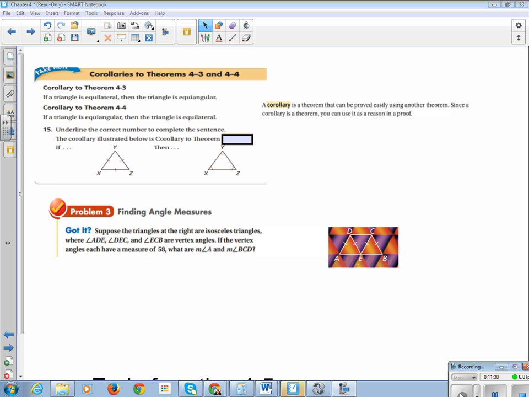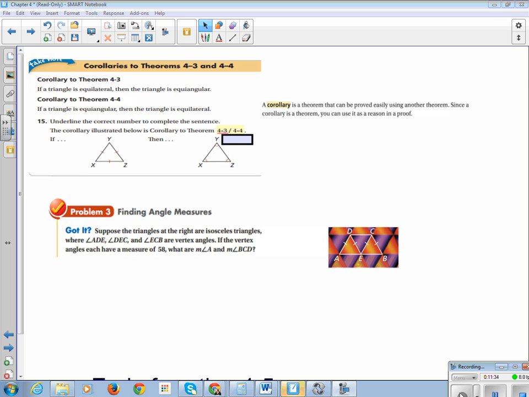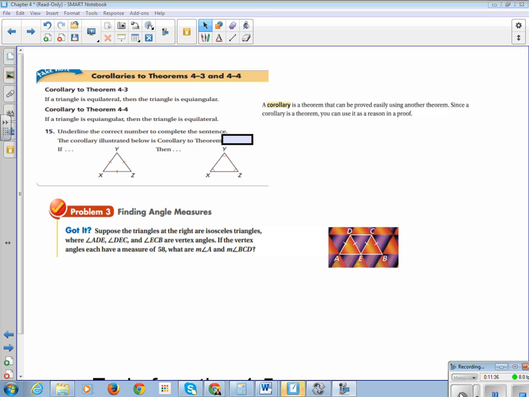So we'll start seeing them in our little proofs. So the corollary to 4.3 and 4.4 is if a triangle is equilateral, then the triangle is equiangular. So you identify one or the other. You can automatically say if all sides are equal, congruent, then all the angles are also congruent.